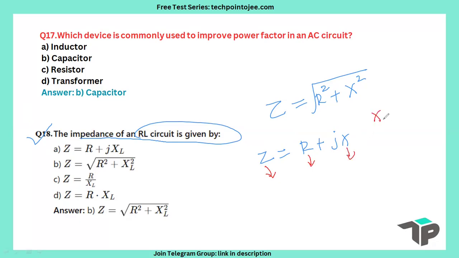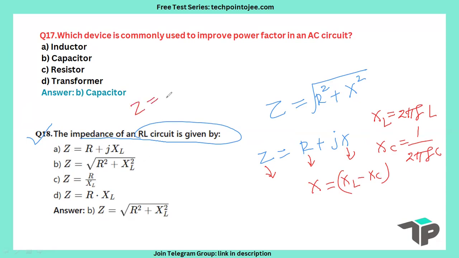This X is XL, that is 2 pi F into L, or XC, 1 by 2 pi FC. So X equal to XL minus XC. So Z impedance equal to R plus j(XL minus XC).